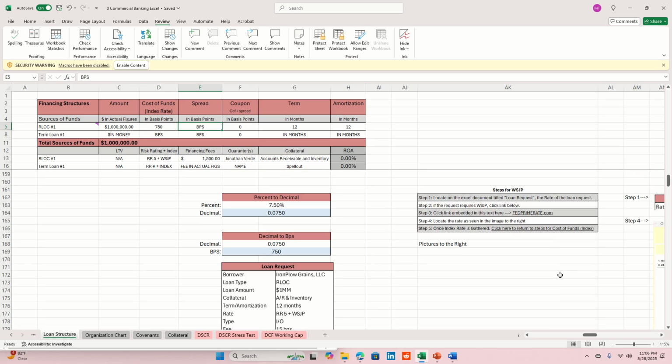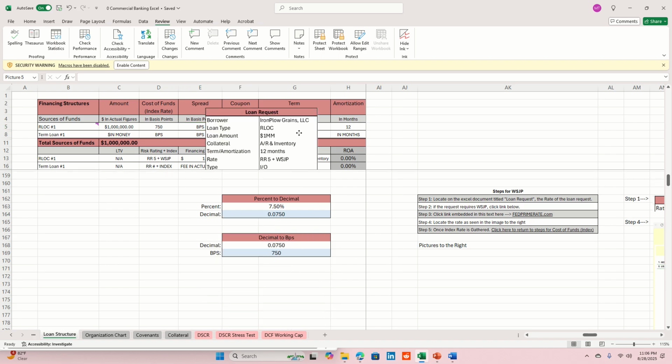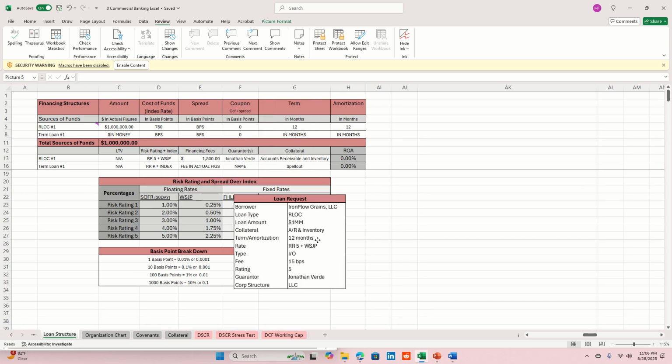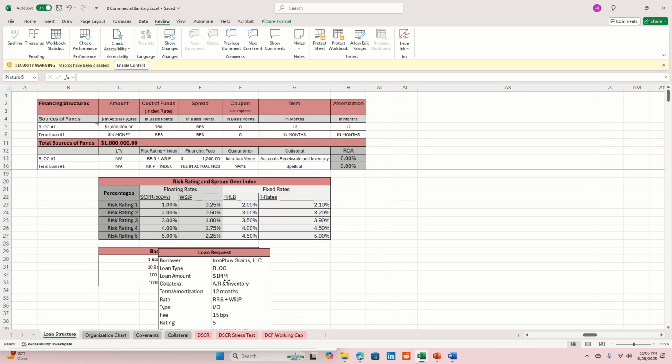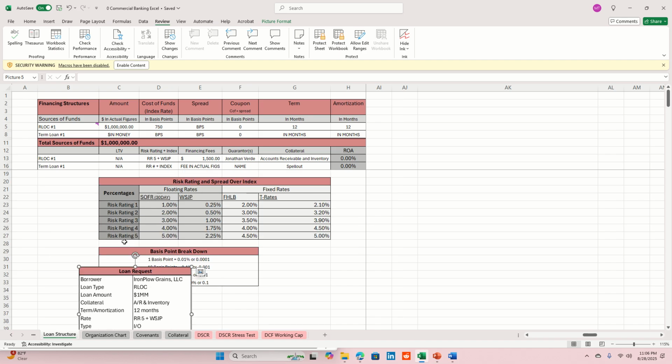And now we're going to go all the way up back to this. And remember, this is a risk rating 5. So for a risk rating 5, Wall Street Journal Prime, that's going to be 2.25.